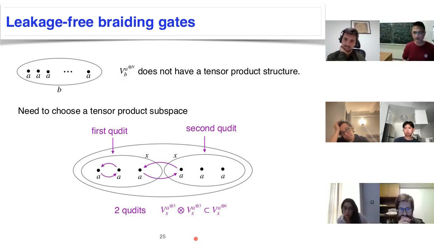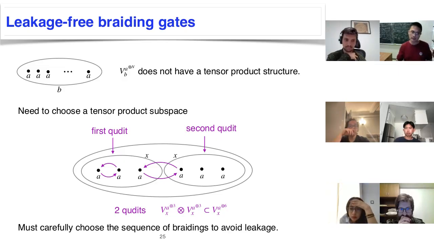It doesn't necessarily preserve the multiple qubit space. So the problem in general is we have to choose the sequence of braidings carefully in order to avoid leakage, so that the braidings do preserve the multiple qubit subspace.